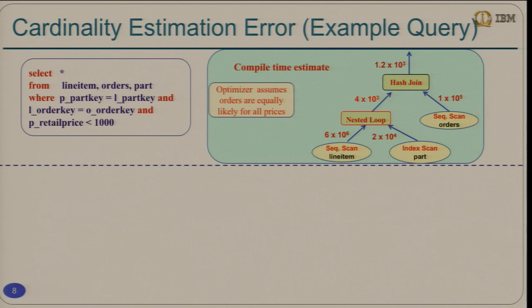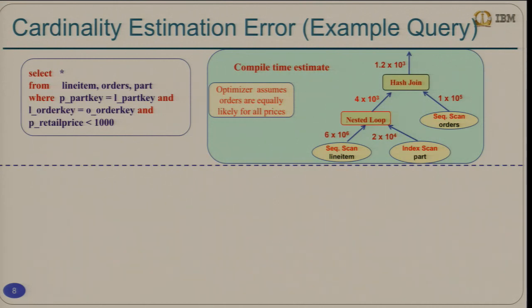Okay, so based on that, it comes up with certain estimates of the number of rows that come out of each of these intermediate nodes, and then an estimate of the expected output. It assumes that roughly 10 to the 3 records are going to come out of the result for this query.